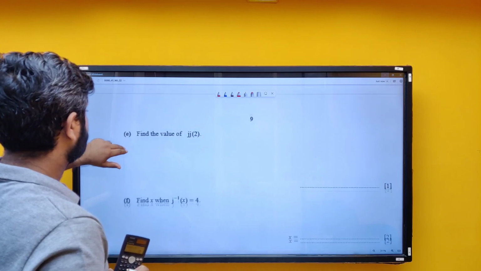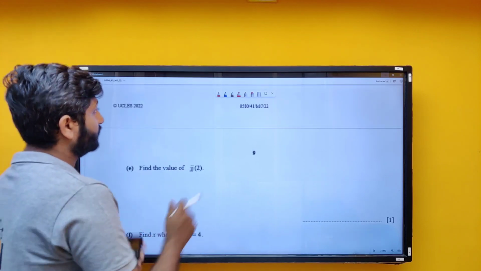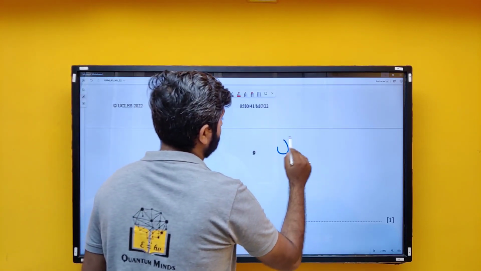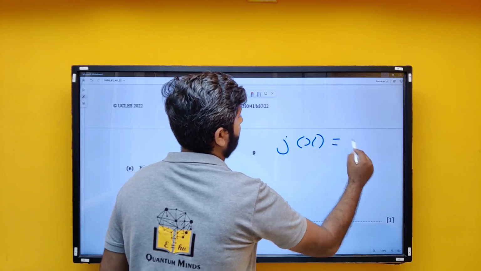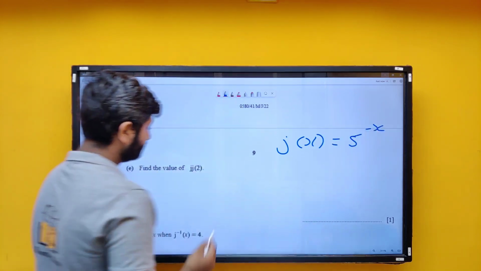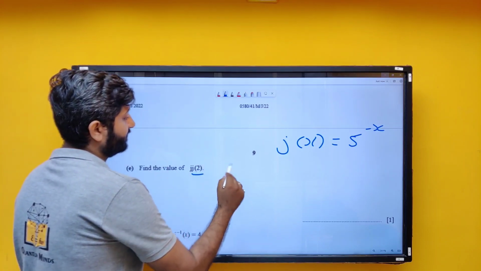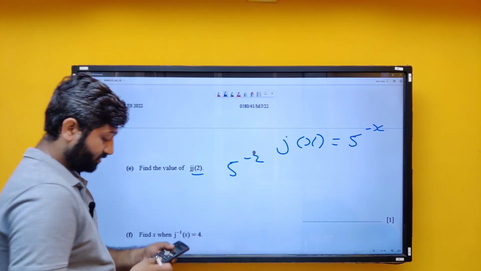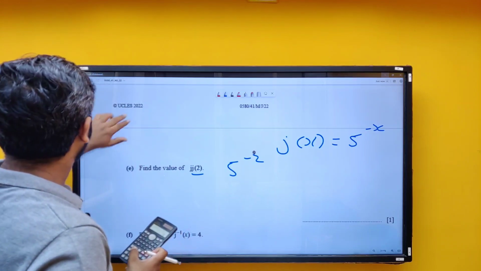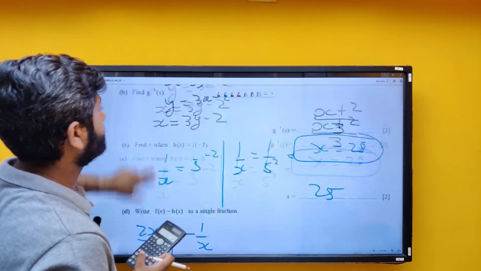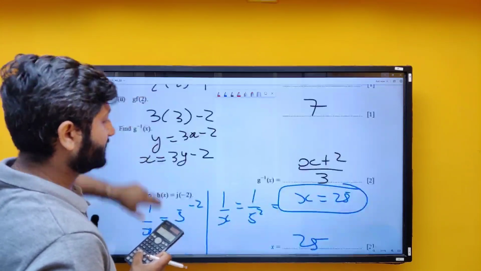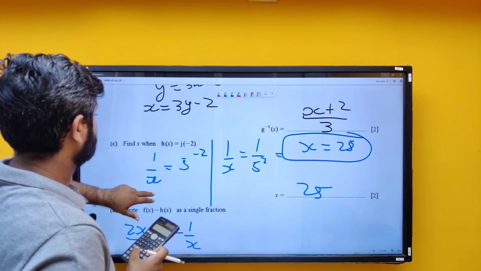Next thing we have, find g of 2. I think g of x was 5 power minus x. So first I'll have to find g of 2, which is 5 power minus 2. So is it g of minus x or is it g of 5 power? No, it's just 5 power x, not minus x.